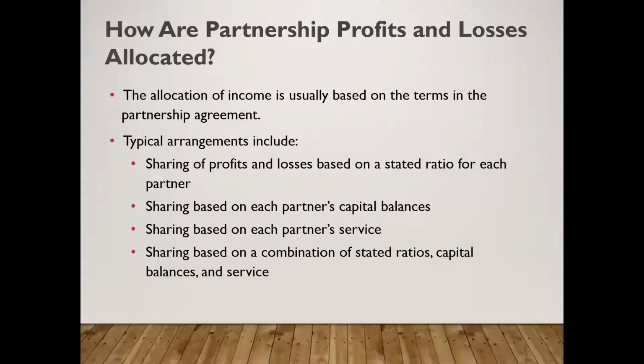So 4/10 to partner A, 3/10 to partner B, and 3/10 to partner C. Other arrangements are sharing based on each partner's capital balance, sharing based on each partner's service, and sharing based on a combination of stated ratios, capital balances, and service.